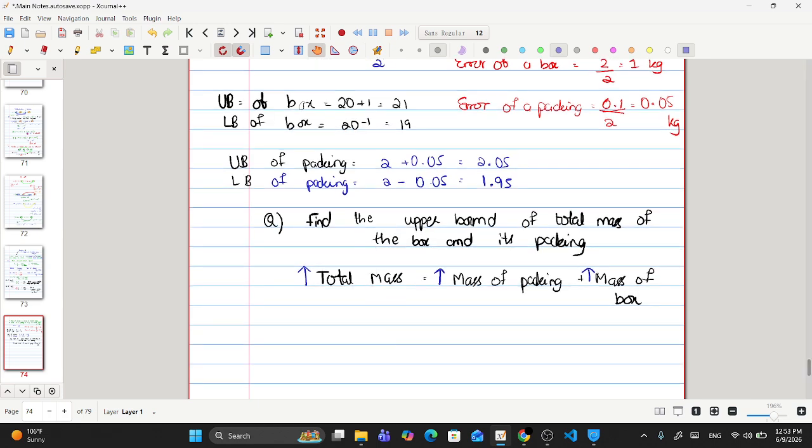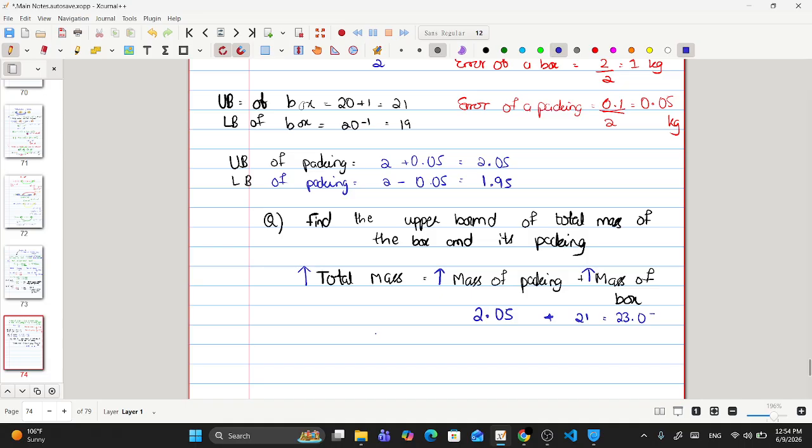The upper bound of the mass of packing, which is basically simply 2.05, and the upper bound of the box mass, which is going to be 21, right? So what do we do? We just add them both together. And if you add them both together, you get 23.05.